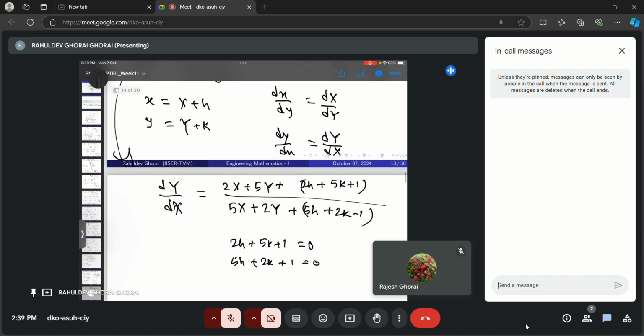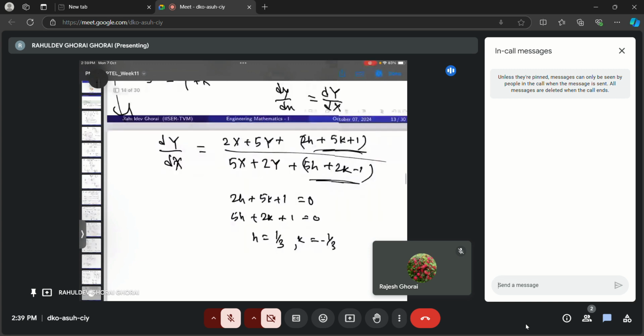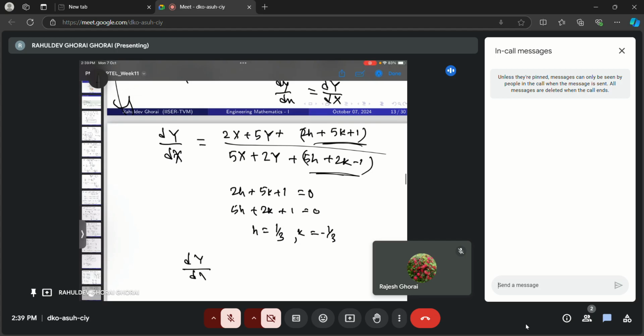We always fix h and k so that these two constant terms become 0. Then the solution will be h equal to 1/3, k will be minus 1/3, and thus you will get dy/dx equal to (2X + 5Y) over (5X + 2Y), right? Because these two terms are 0.